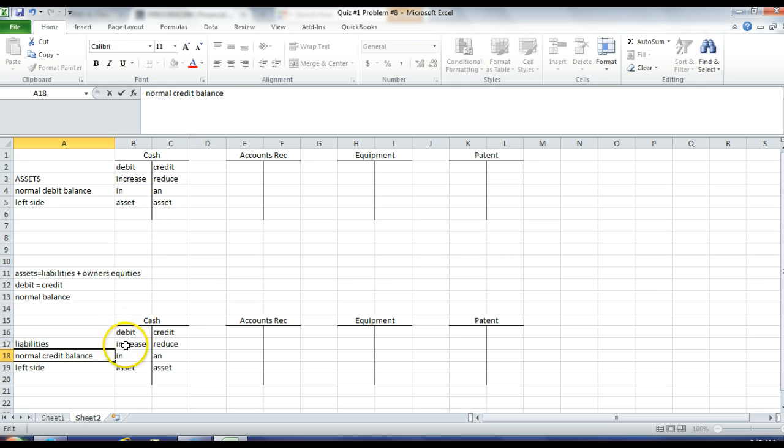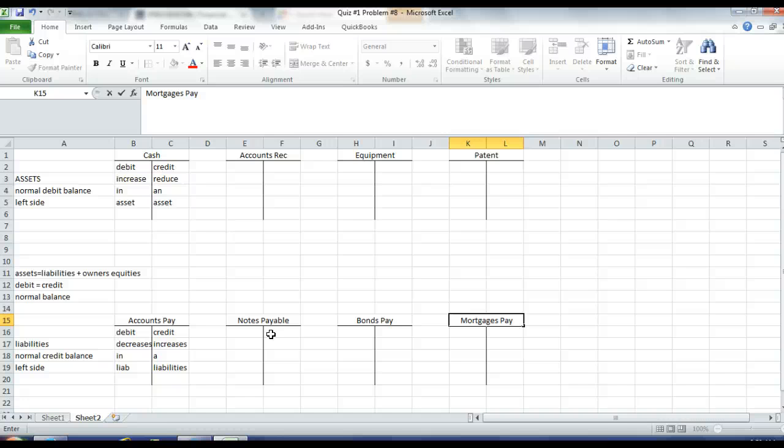So when we're dealing with liabilities, such as accounts payable, such as notes payable, such as bonds payable, or mortgages payable, the normal balance in a liability is the credit side, which means the right-hand side.